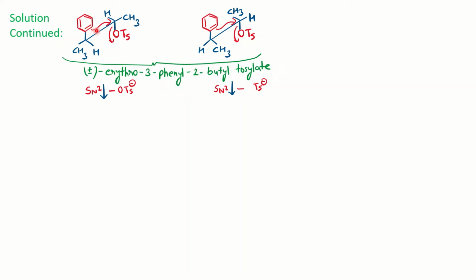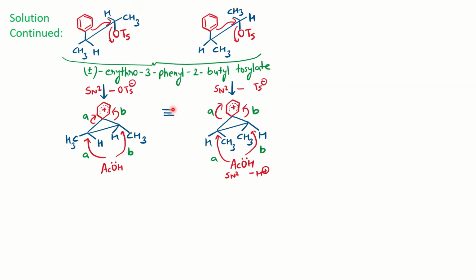As we know, the pi electron of the aromatic will participate as NGP, releases OTS by SN2 mechanism, and you will get the inversion of configuration, and intermediate, that is cyclic intermediate, which is again the clue for NGP. Cyclic intermediate, you get it in NGP only, right? So you are getting this, which is again called active phenonium ion, because here one methyl and one hydrogen is on the same side.